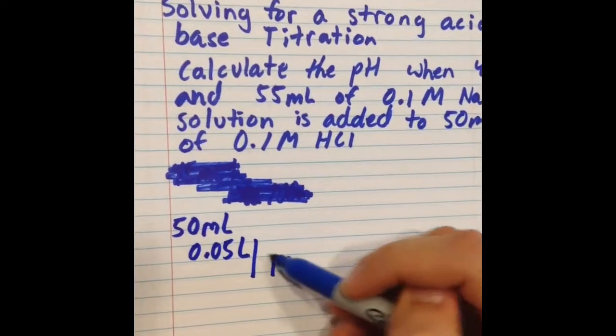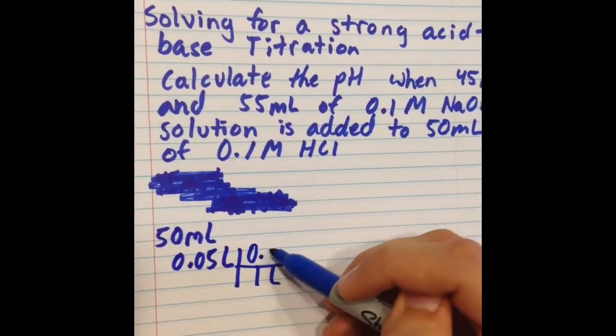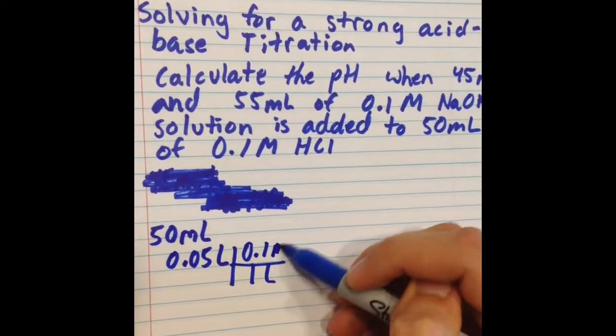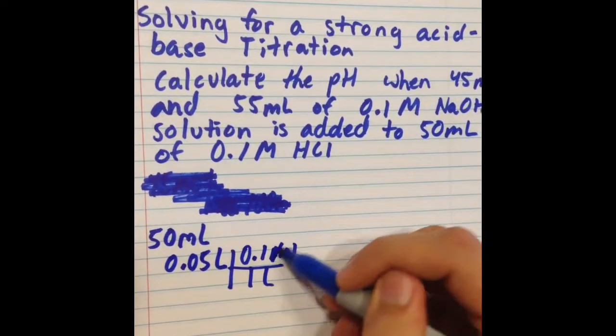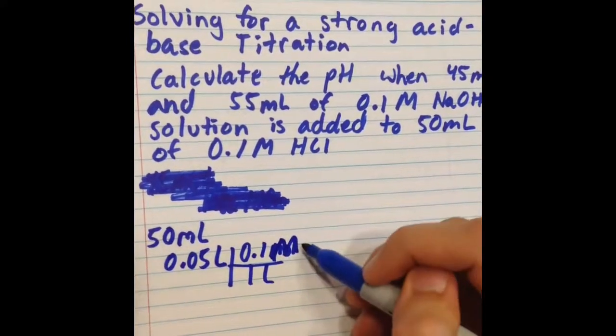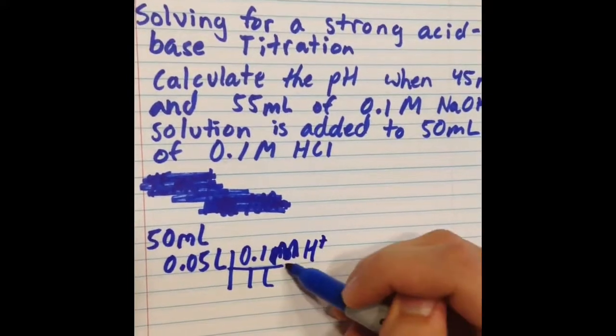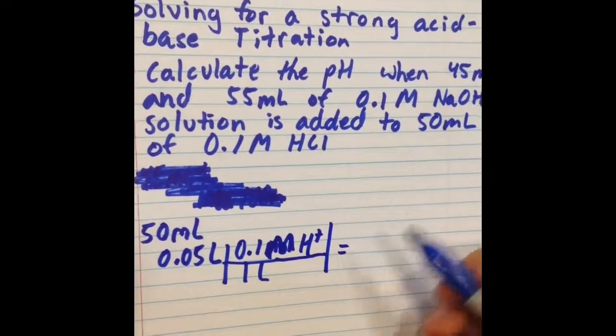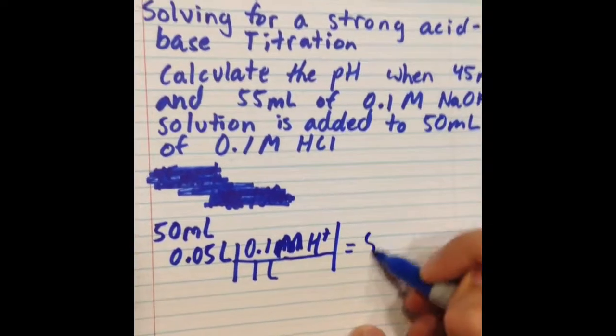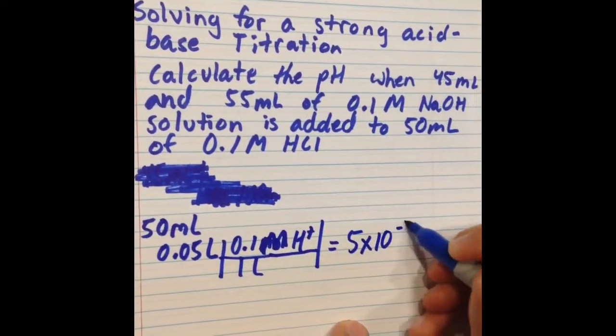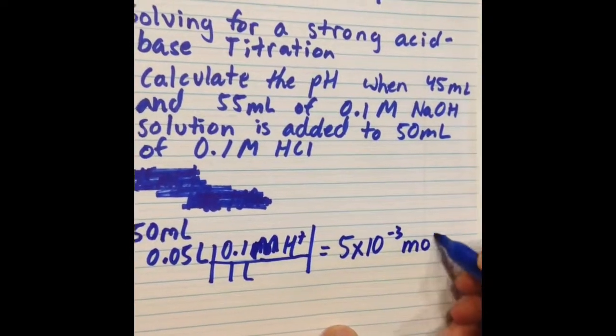In 1 liter there's 0.1 molar H+, and when we convert that, it ends up being 5 times 10 to the negative 3 mole H+.